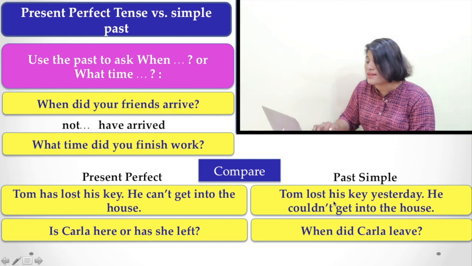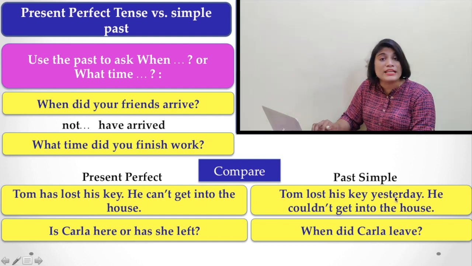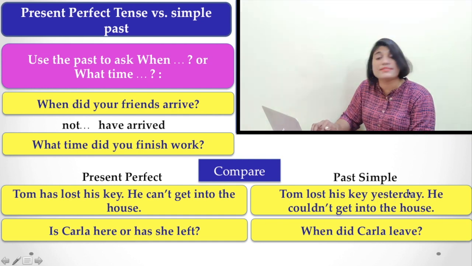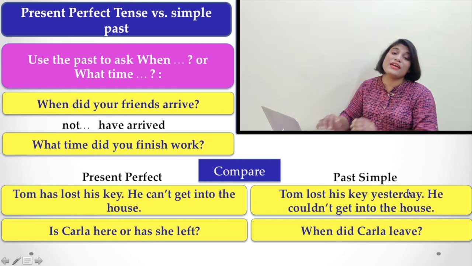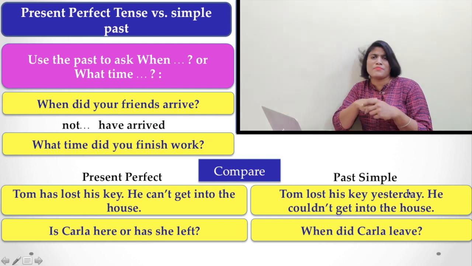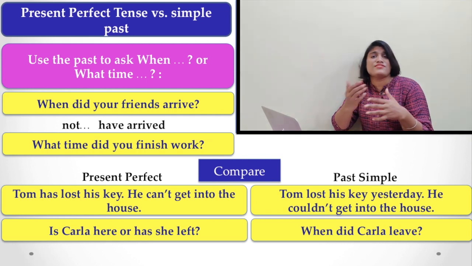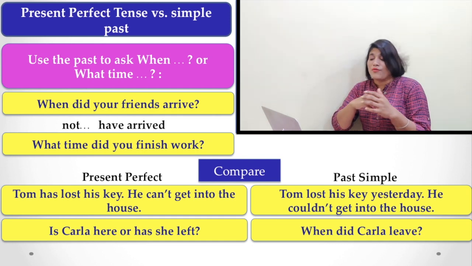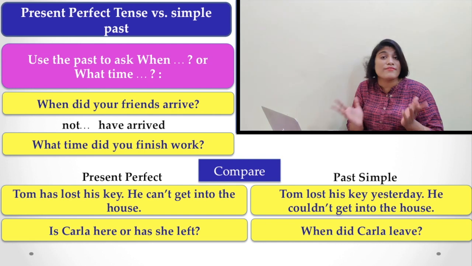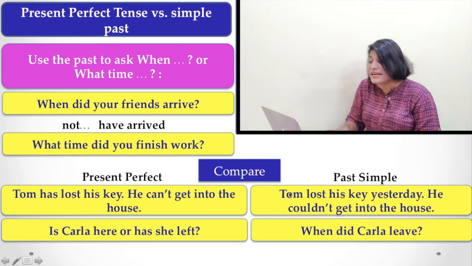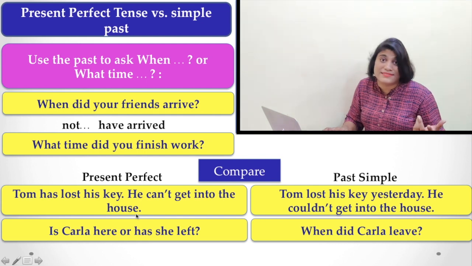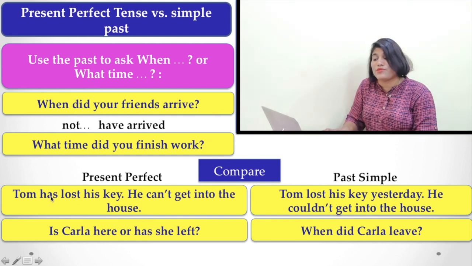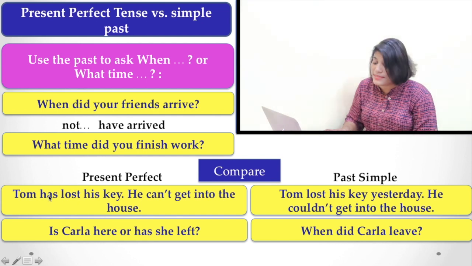If we add yesterday, then I'm talking about a finished time, so I have to use simple past tense. But when I'm talking about a not-finished time, and "he can't get into the house" is a present situation, you have to use present perfect tense there.